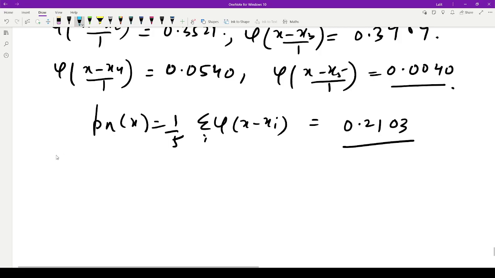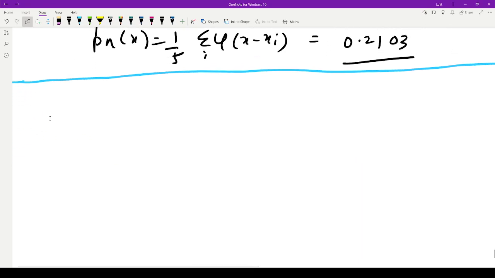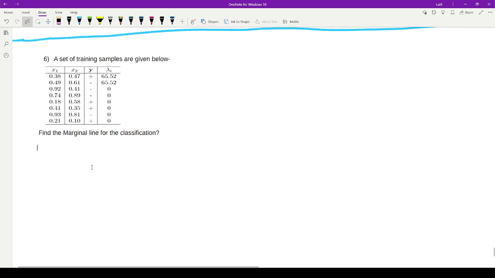So we then move on to the next question. The next question is based on SVM, support vector machine, that we skipped very quickly during our discussion. What does this question say?